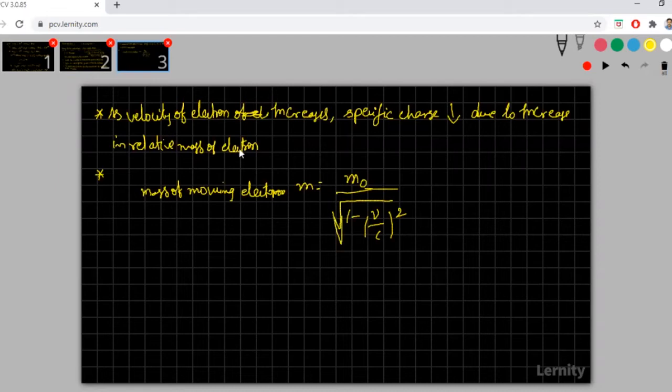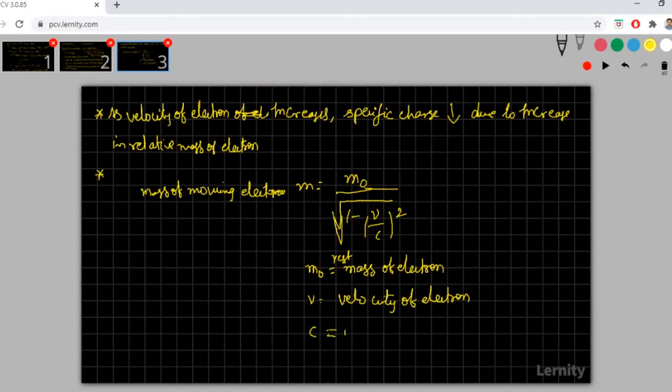What is m naught here? The rest mass of the electron, in the starting stage when it cannot move. V is the velocity of the electron. And c is the velocity of light.